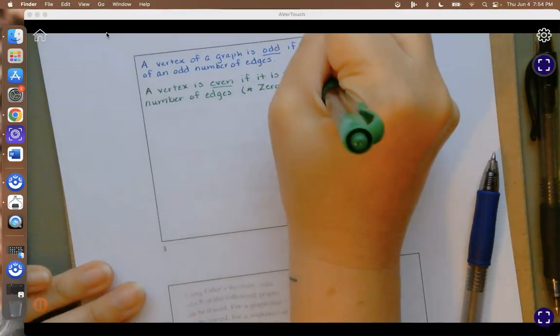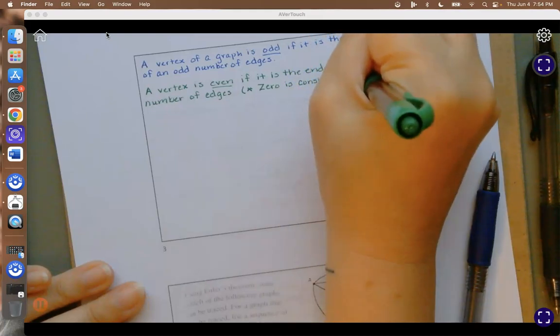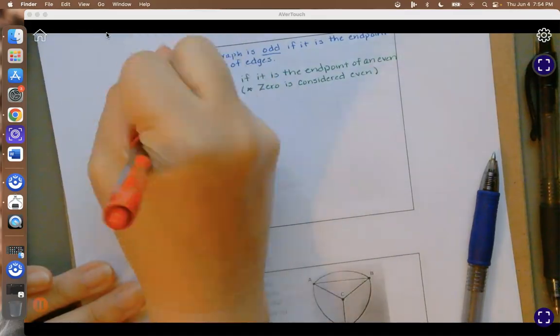All right. Now, this is important. Euler's theorem.